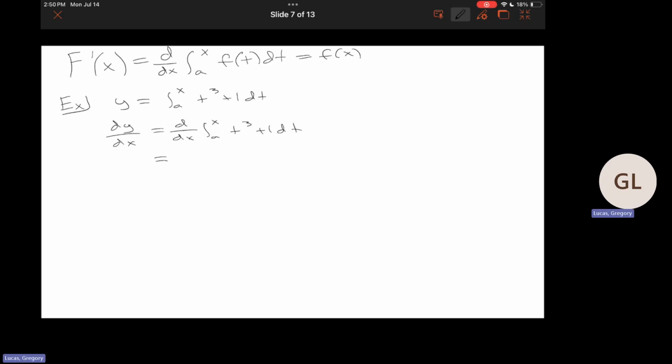And what this is saying is the derivative and the integral basically cancel out. So all I'm doing is bringing us back to the original function. So I just have x to the third plus 1.